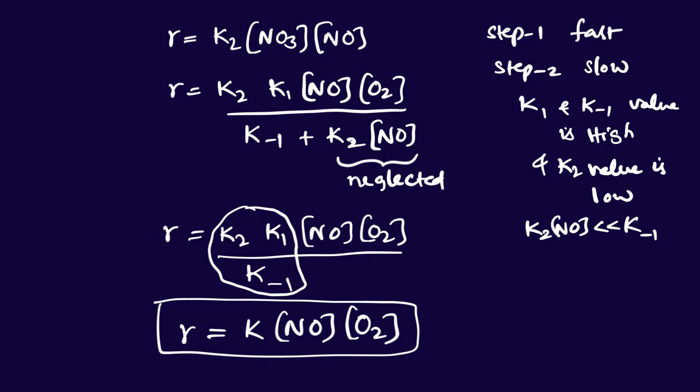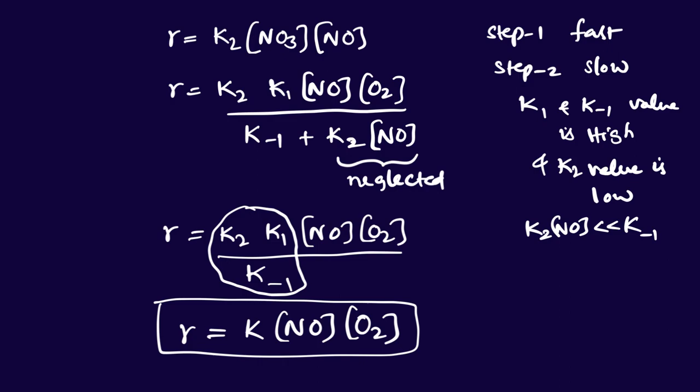So totally, keep in mind what the steady state approximation method means. The intermediate concentration is constant, because it is formed in the first step and also consumed in the reverse step and in the next step. The total formation is 0, therefore the net rate of the intermediate is 0. So what is the use of this steady state approximation?